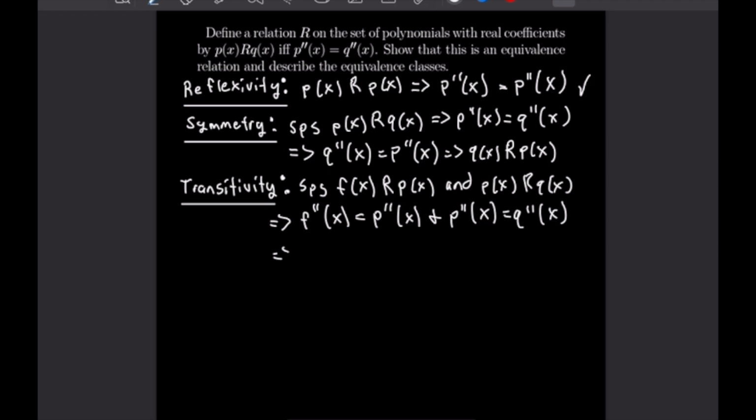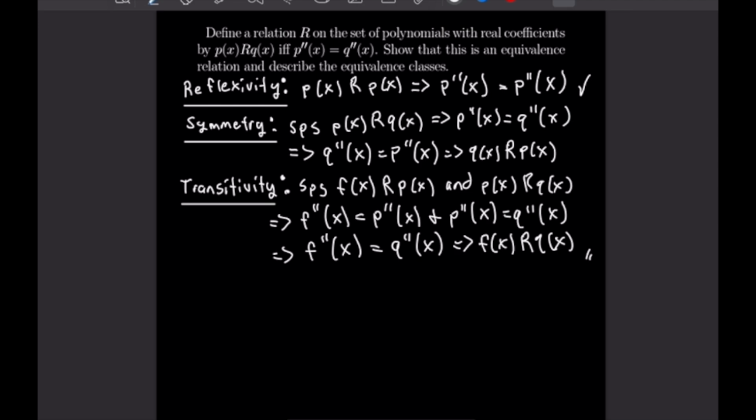And we can see that that shows that f''(x) is equal to Q''(x), which of course means that f(x) is related to Q(x). Great. So that finishes the proof for proving R is an equivalence relation.